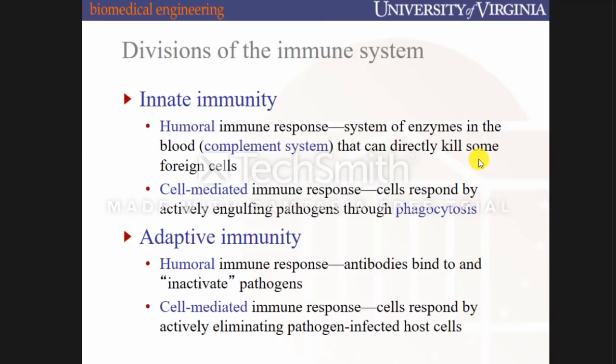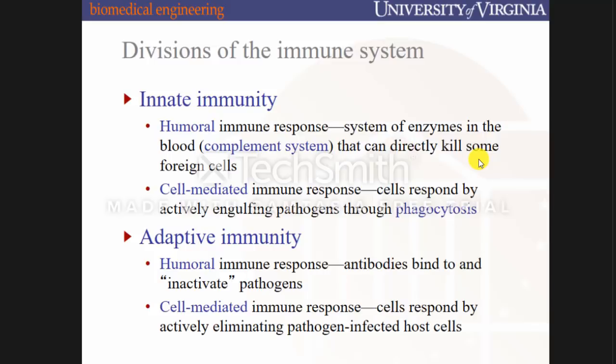And so we're going to break down the segments of the immune system into two specific categories: humoral immunity and cell-mediated immunity. Humoral immunity, humoral meaning like bodily fluid, is the component of your innate immune system that is present in the bloodstream. And so the one chief element of humoral innate immunity is going to be the complement system, and we'll touch on that briefly.